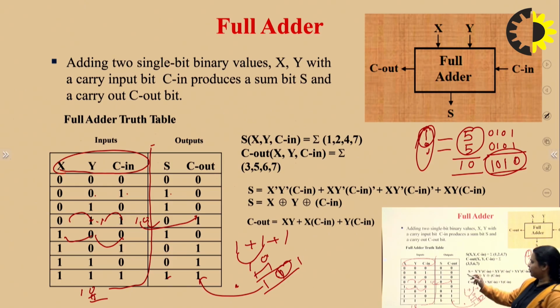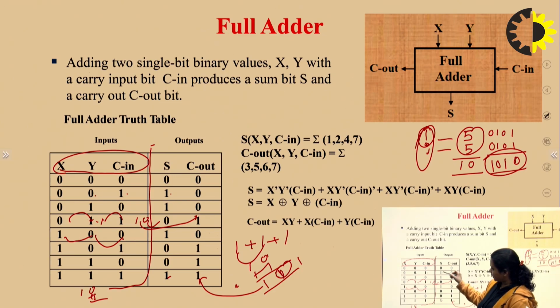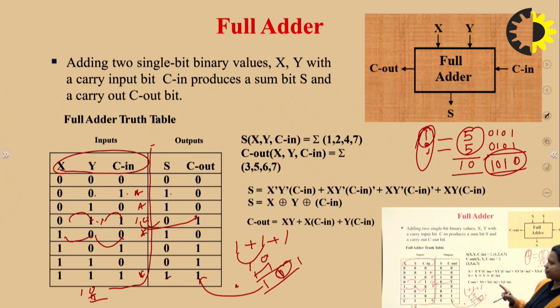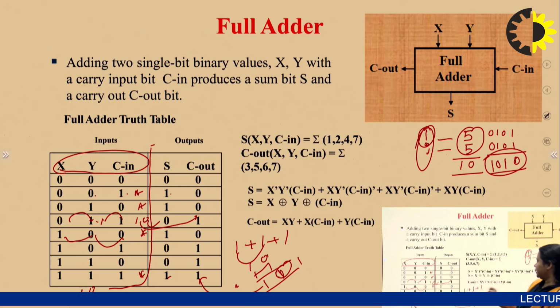So accordingly we'll create the expression for sum and Cout. For sum we'll see that it is high at this particular condition. It is high at this condition, this and this. So we'll be writing the expression. So first expression is x bar y bar c in. So we have written x bar y bar c in.